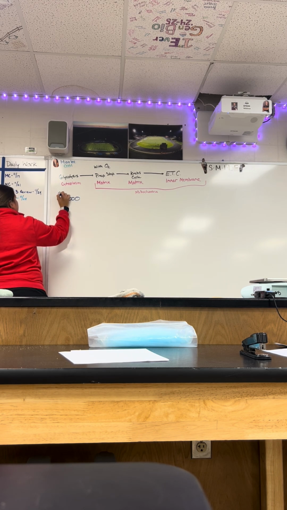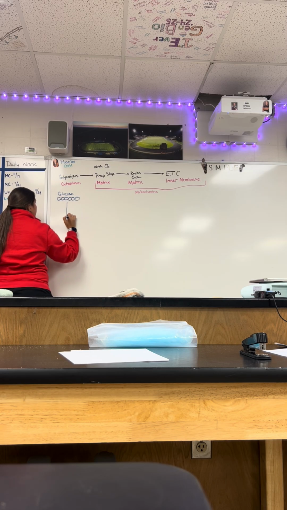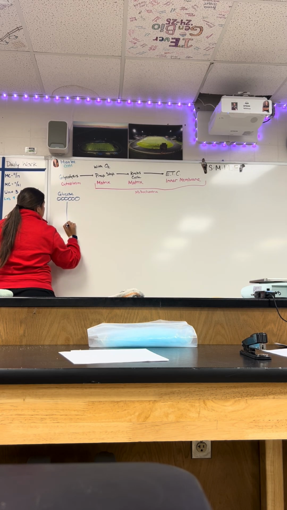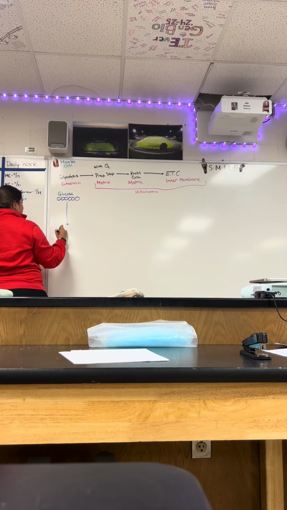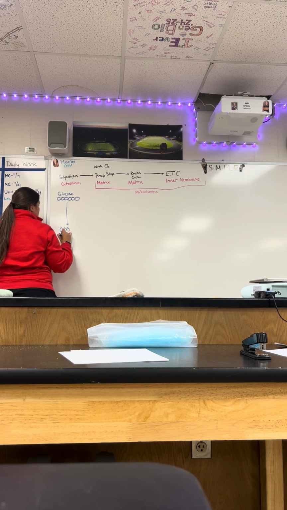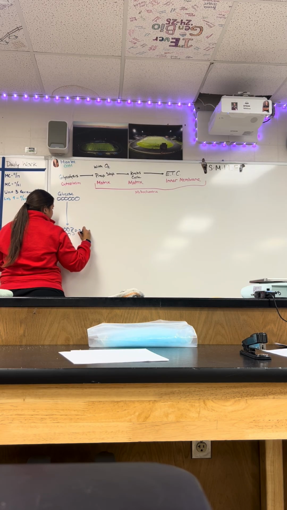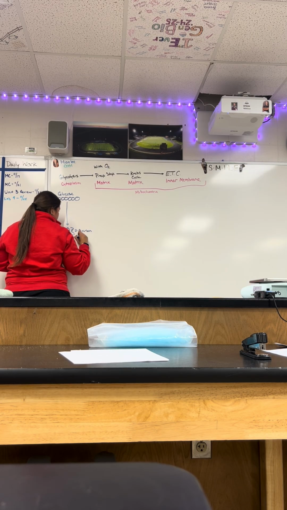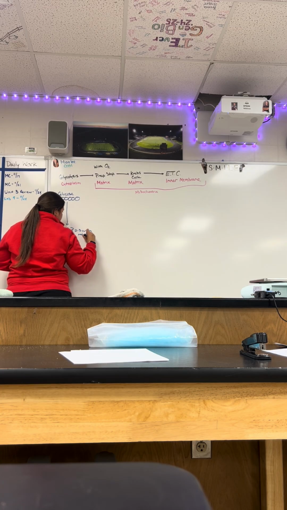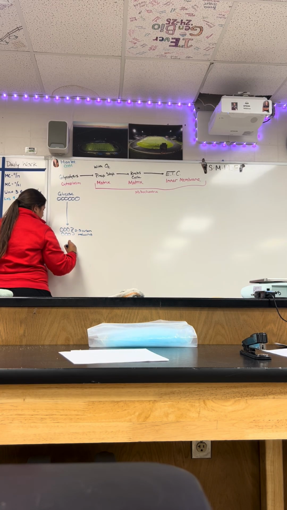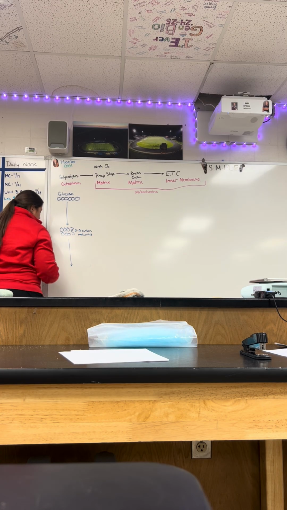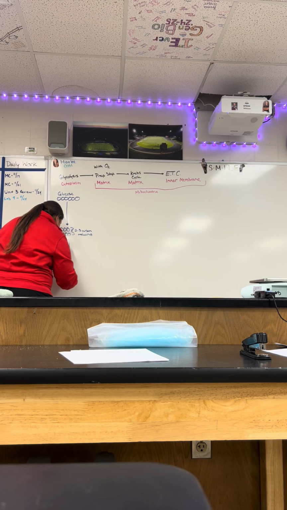We have a 6-carbon glucose sugar, and that 6-carbon glucose sugar needs to get broken down into 2 3-carbon molecules. And then eventually it is going to become 2 pyruvate.